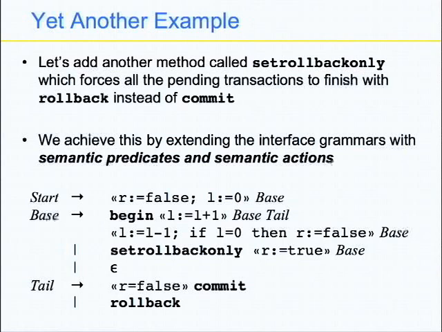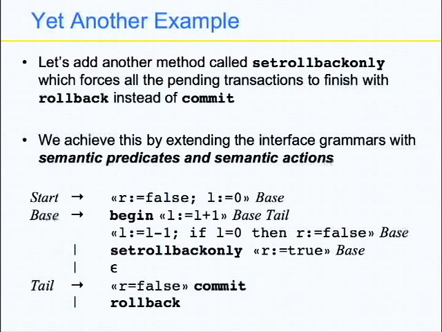So for example, this is a semantic predicate. It says here, tail can go to commit only if R is false, OK? Otherwise, you can't go to commit. And then here, for example, I have some semantic actions which set R to false, and level is set to 0.